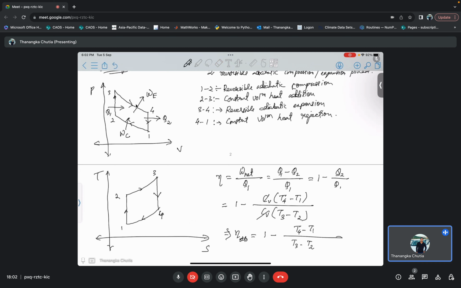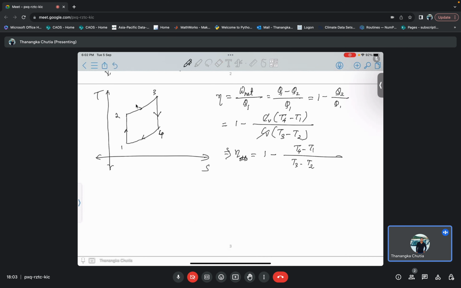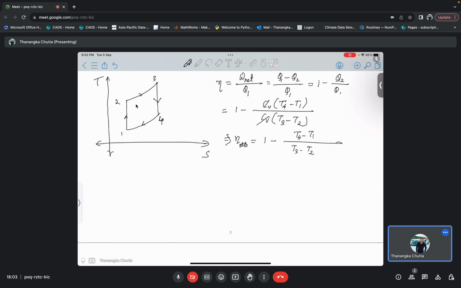But remember, in our question we are given only the diameter of the bore, the length of the stroke, and the clearance volume. So that means this formula we have to modify. Now how will we do that? For the process 1 to 2, what can we write?